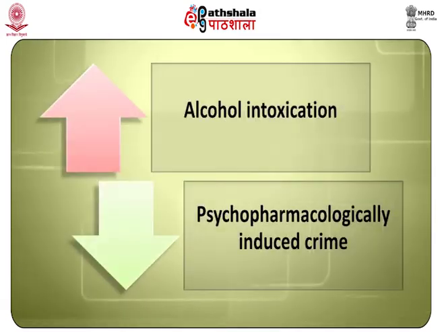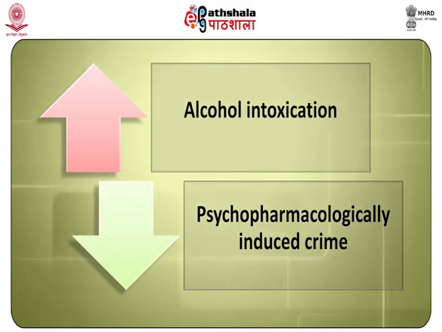Much of the prevailing study supports the view that there is a strong association between alcohol intoxication and psychopharmacologically induced crime, especially violence. Following a long way behind alcohol in this regard are the stimulants like cocaine and amphetamines.